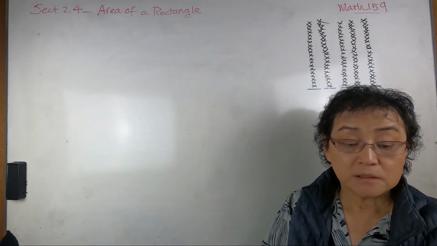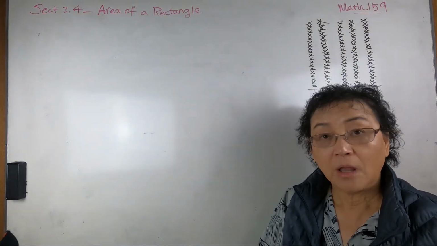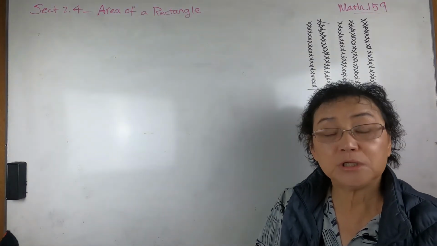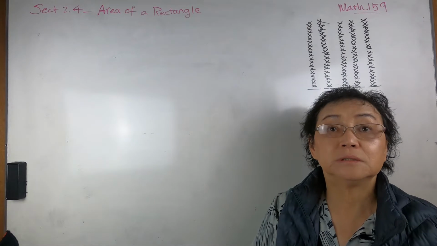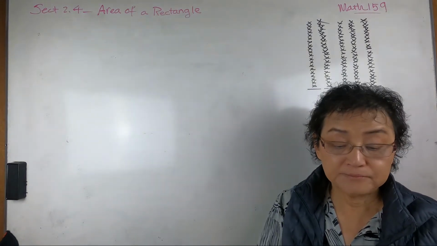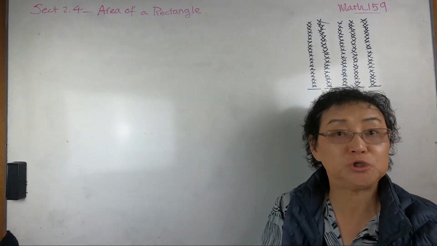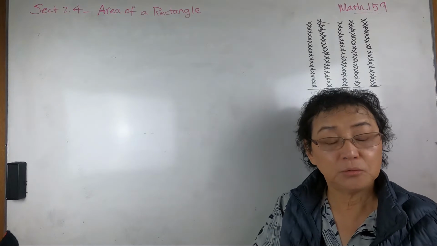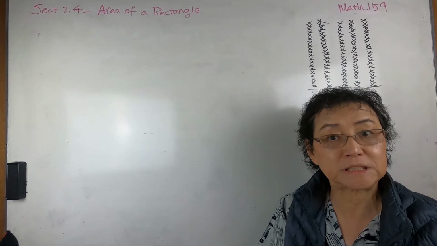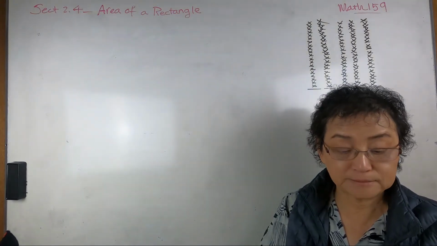Also, in chapter 2, we talked about signed numbers because we need to add and subtract, and also follow the order of operations. Then we learned algebra because we need to use algebra skills to solve stats problems.